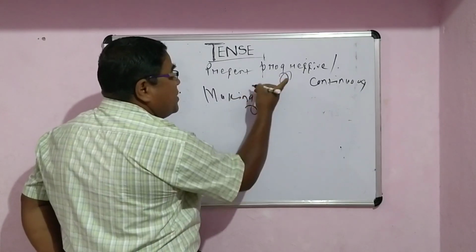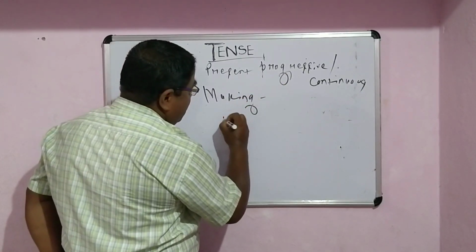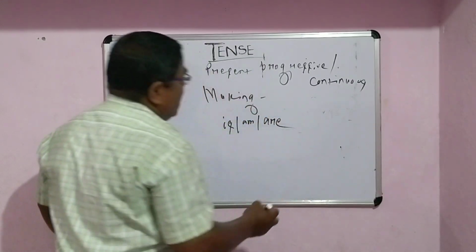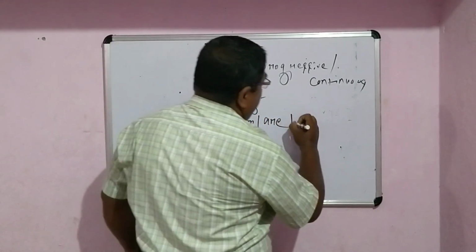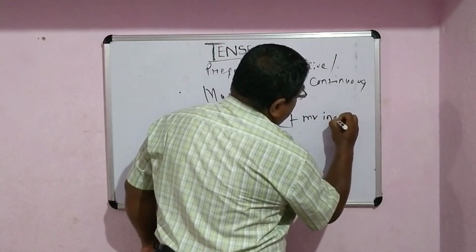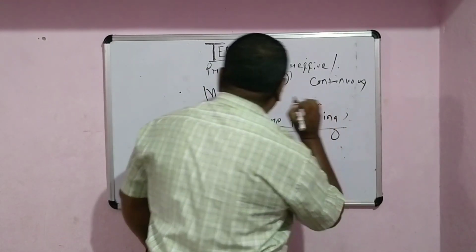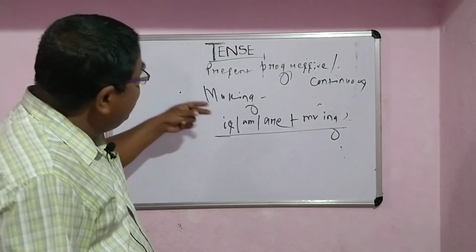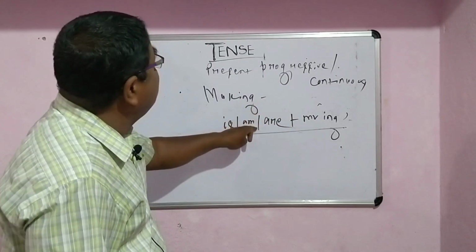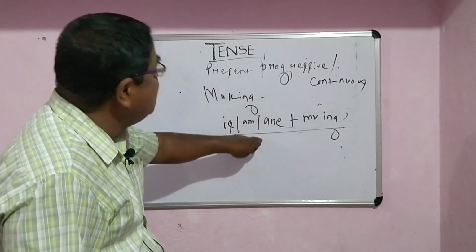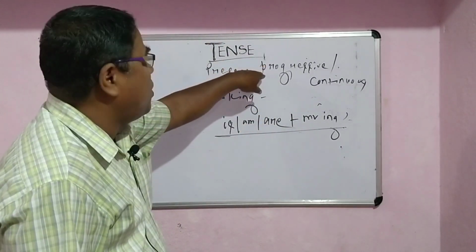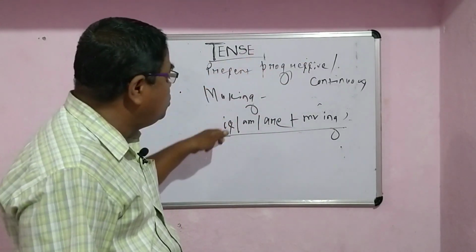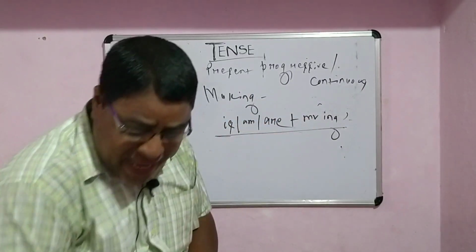So far as the making of a present progressive goes, we have to use the be verb is, are, you know, as the present be verb, then your main verb ends with ing. So the structure of the present progressive is is, are plus main verb plus ing. When you use be verb is, are plus main verb plus ing, you get your present progressive or continuous, because the action is in progress at the present time, which is shown by is, are plus main verb plus ing.